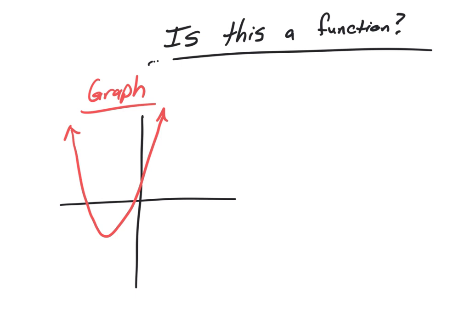Okay, so for a graph, we simply do the vertical line test. And so we would say yes on this one. As I move my pen vertically across that graph, I only touch 1 point at any given time.